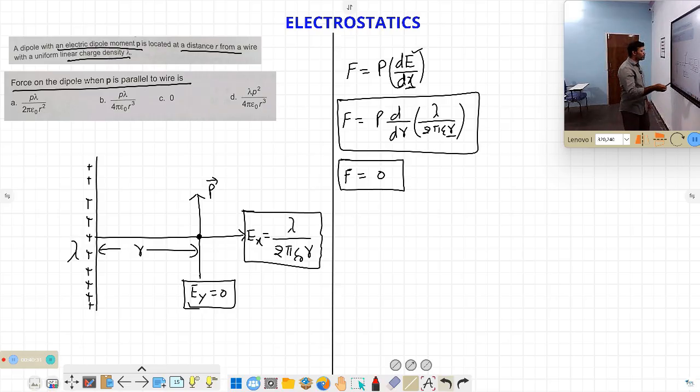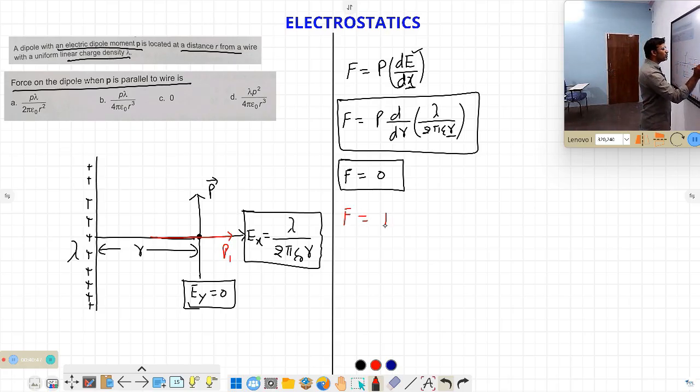Suppose the dipole is present in the direction of the axis, as I'm showing in red color. If the dipole is placed like this, that is P1, the force is P times d by dr of lambda by 2 pi epsilon naught r.